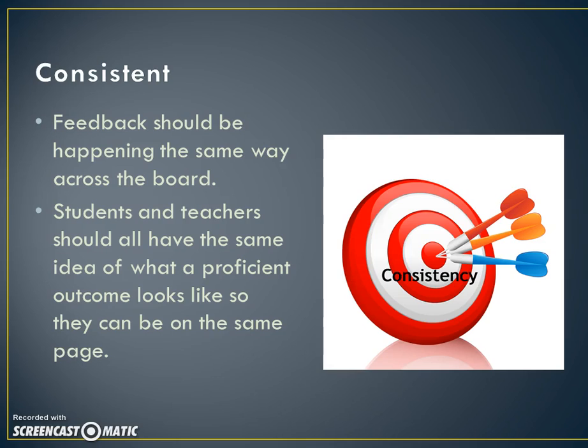Wiggins talks about how students and teachers should all have an understanding of what mastery or proficient looks like and what exemplar work would be, so that it can be judged equally across content areas or grade levels, or even when students are working together on feedback, that there would be some consistency amongst the students when giving feedback.